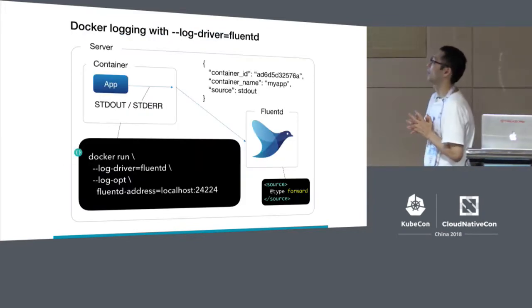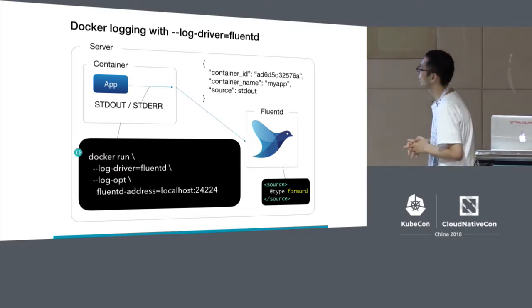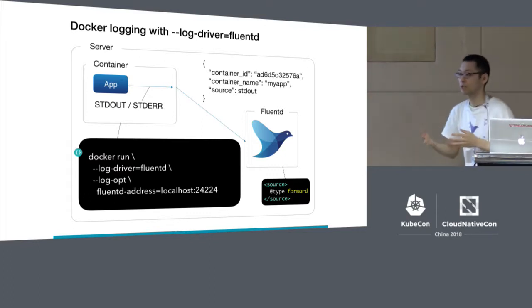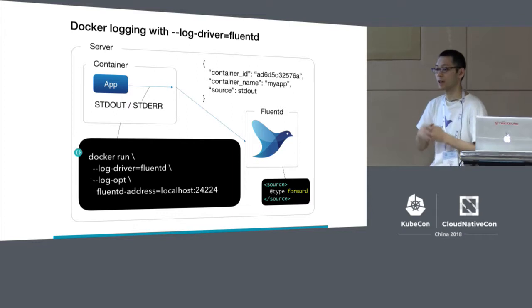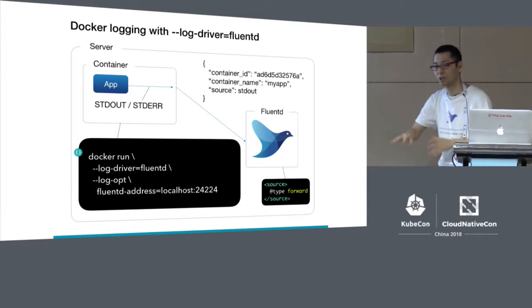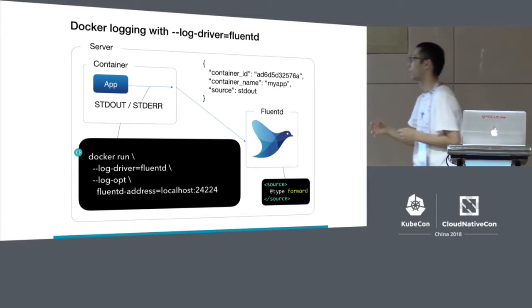One is a Docker-specific approach. Docker has a logging driver mechanism. This logging driver mechanism sends the container logs to external systems, not to standard out or local files.